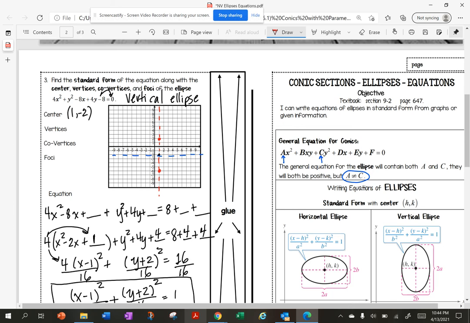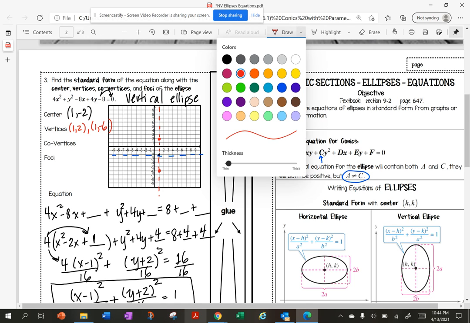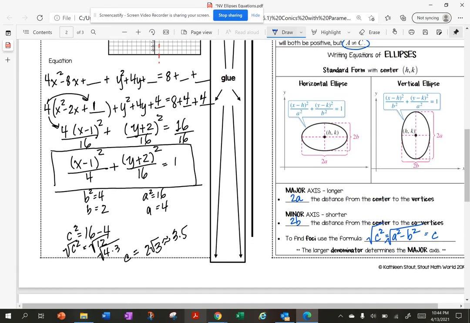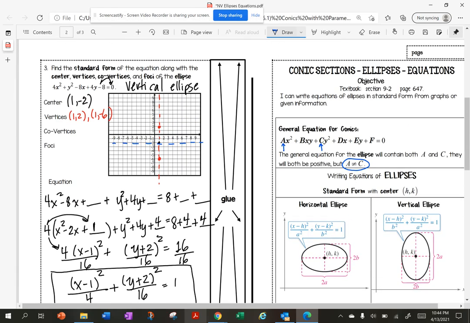So my vertices are at 1, 2, and 1, -6. And my co-vertices, we said b is 2. So I'm going to go 2 to the right and 2 to the left.